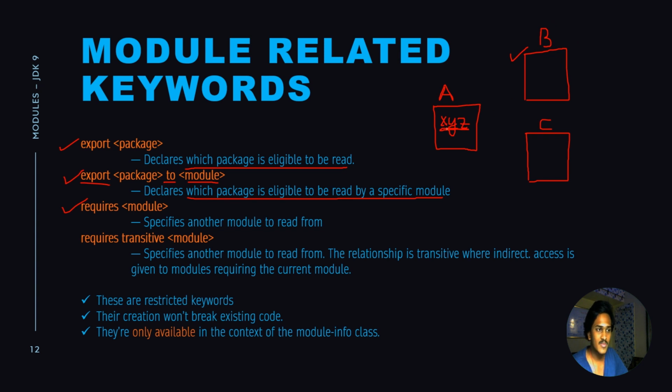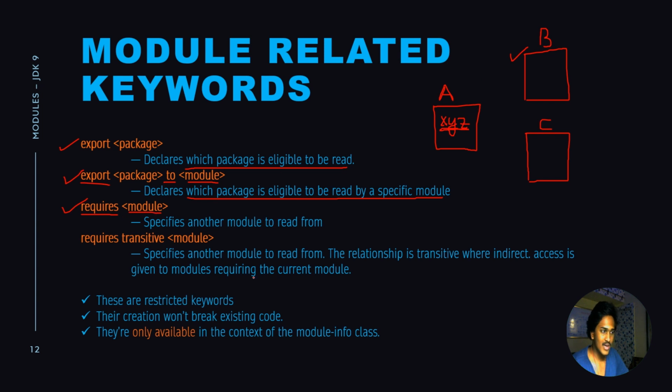So basically, there'll be a dependency of module A. In order to fulfill that dependency, you need to use the requires keyword with the module on which your program or your project is dependent. So if I want to access package A, I write requires module A.